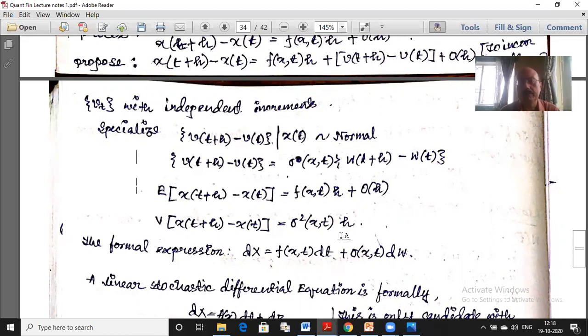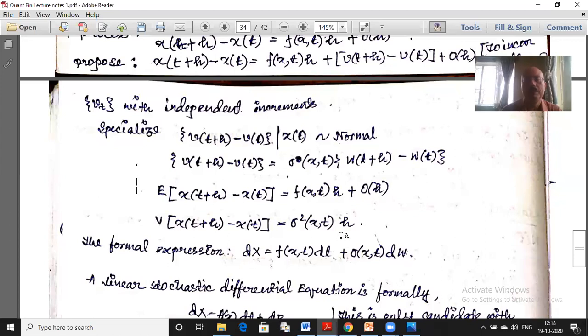So what is the limiting candidate for h? When we wrote the differential equation from the difference equation, h got replaced, right? So the variance will be of order dt, because in the difference version, the variance is of the order of h.